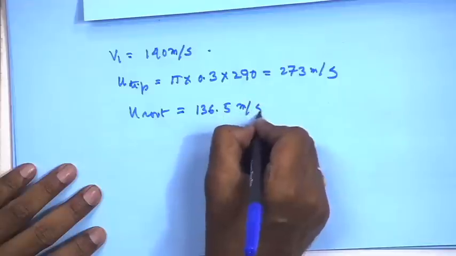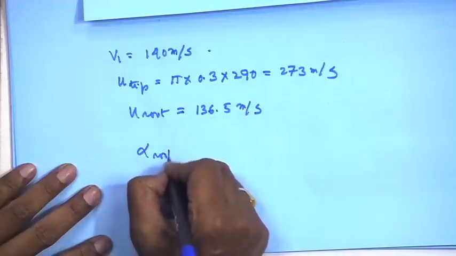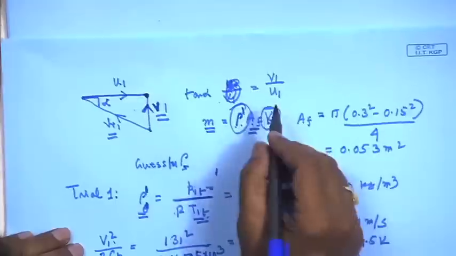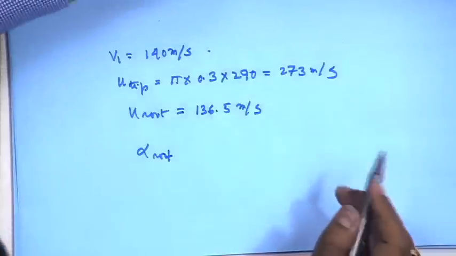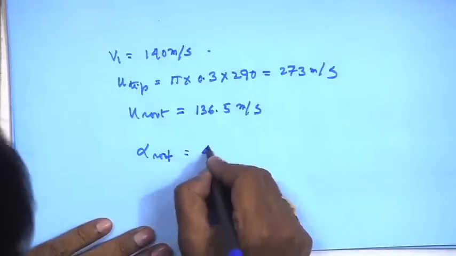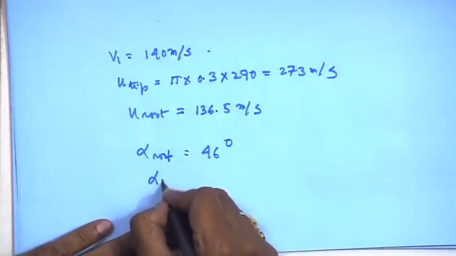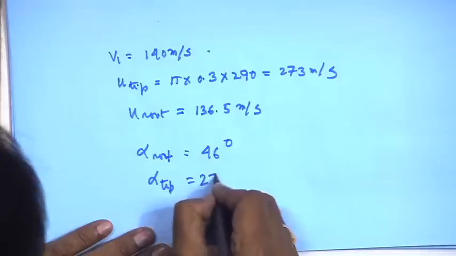And alpha root, by tan alpha, V1 by U, perpendicular by base, becomes 46 degree, and alpha tip becomes 27 degree.